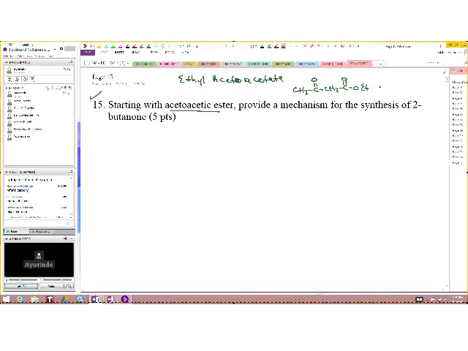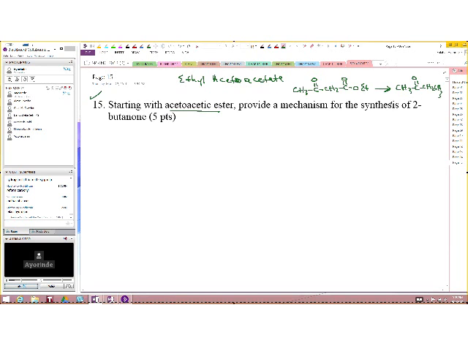Okay, that's an ethyl group. And now they want you to use this to make 2-butanone. This should be fairly simple, but they want you to give the mechanism for this.